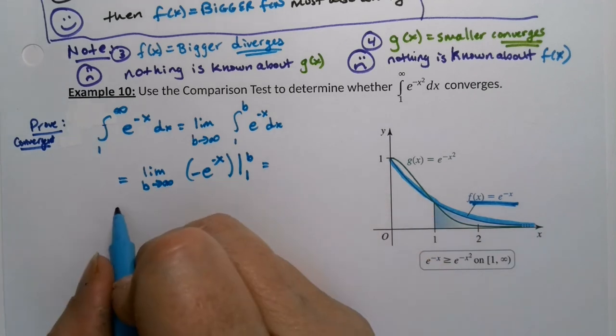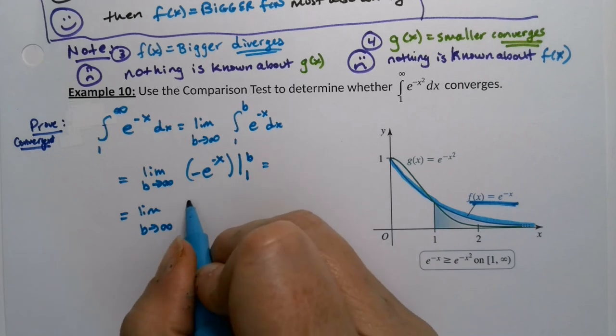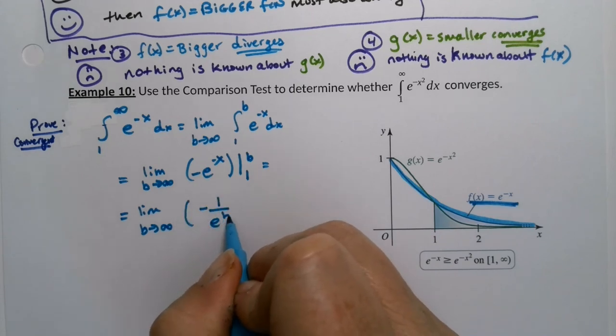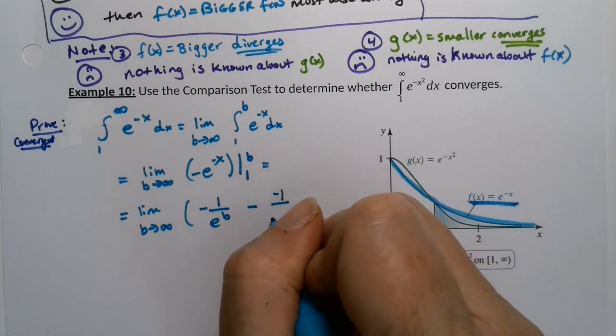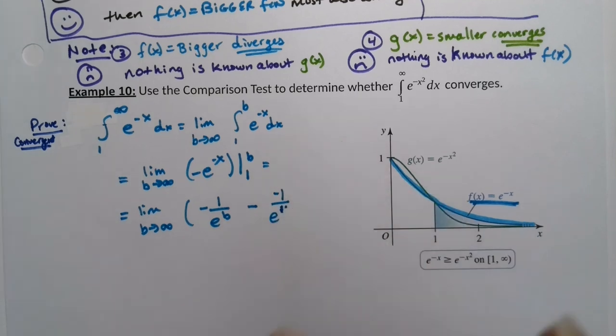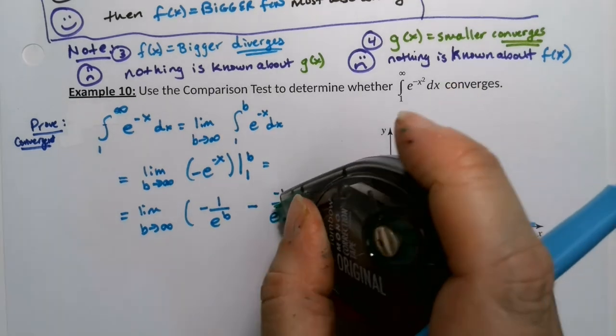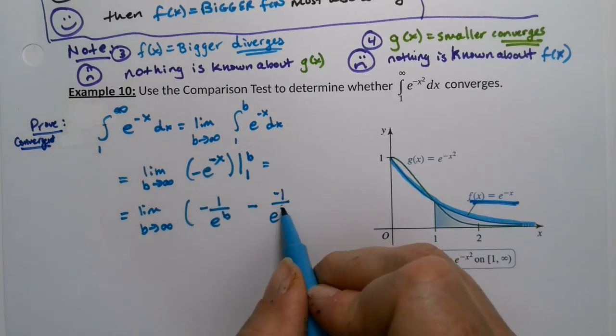Which is the limit as b goes to infinity of negative 1 over e to the b minus negative 1 over e to the 1. I'm doing two steps at once there: substituting and putting the negative power into fraction form.